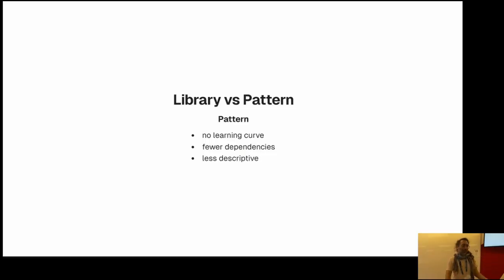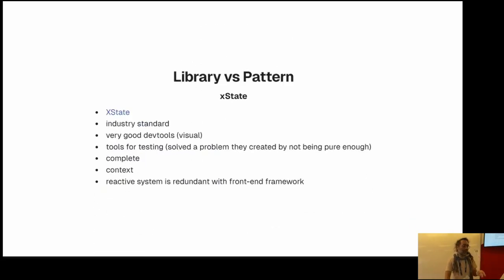And so, using a library versus a pattern. With a pattern, like I did here, you don't have a learning curve and there are fewer dependencies, but it's sometimes less descriptive, like having a switch statement instead of a simple object. The most well-known library is XState. It has super good dev tools where you can visualize stuff.